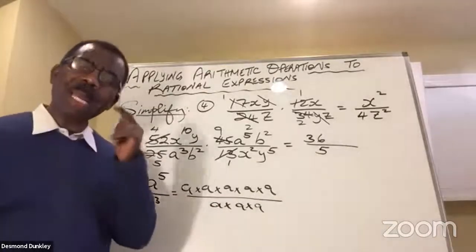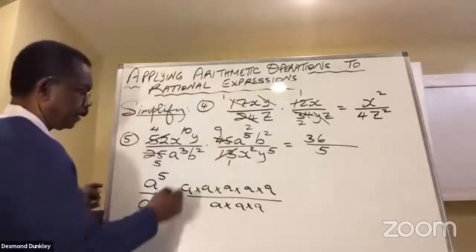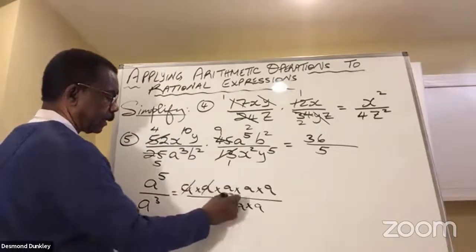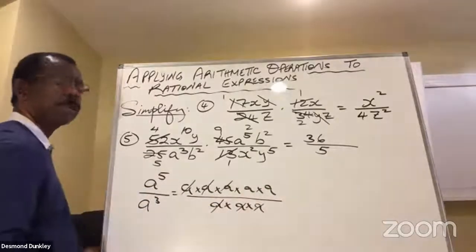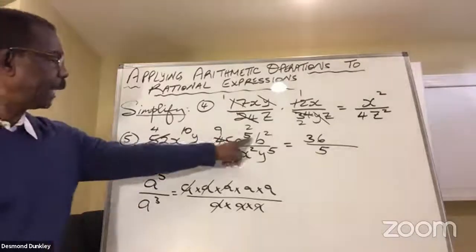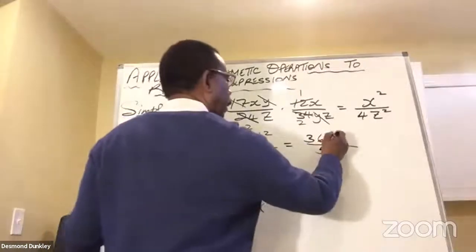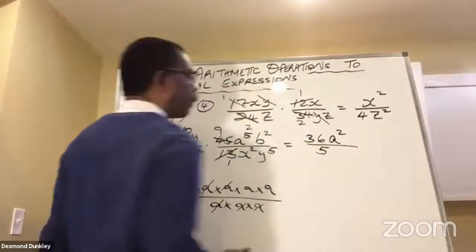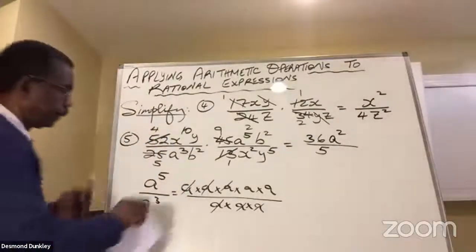If you have the same item on top and bottom and we're multiplying, we can cancel. This cancels this, this cancels this, this cancels this, and we're left with a to the 2nd power. And that's the same as just saying 5 take away 3 gives me 2. So a to the 2nd power.